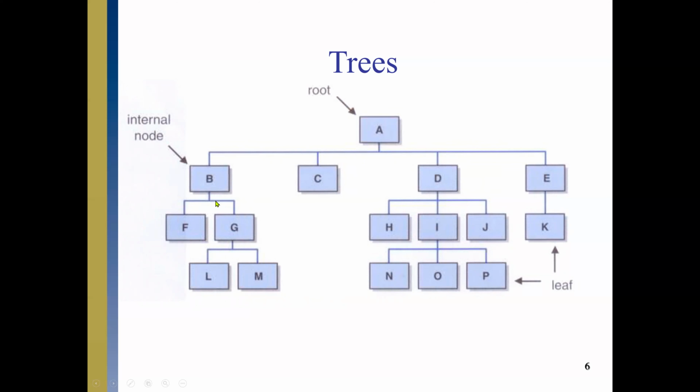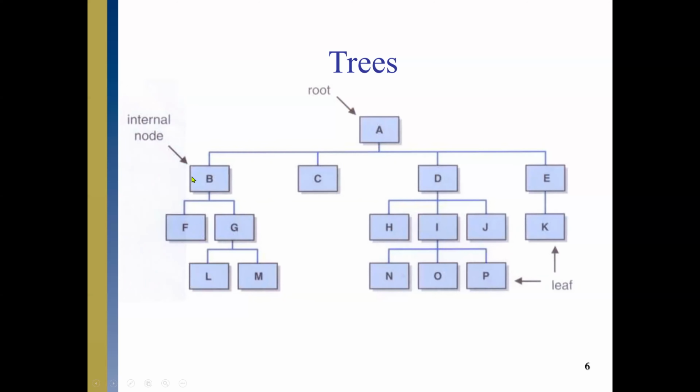Next we have nodes B, C, D, E. These nodes are the children of the root because they are below node A. We may also call this level 1, the first level.